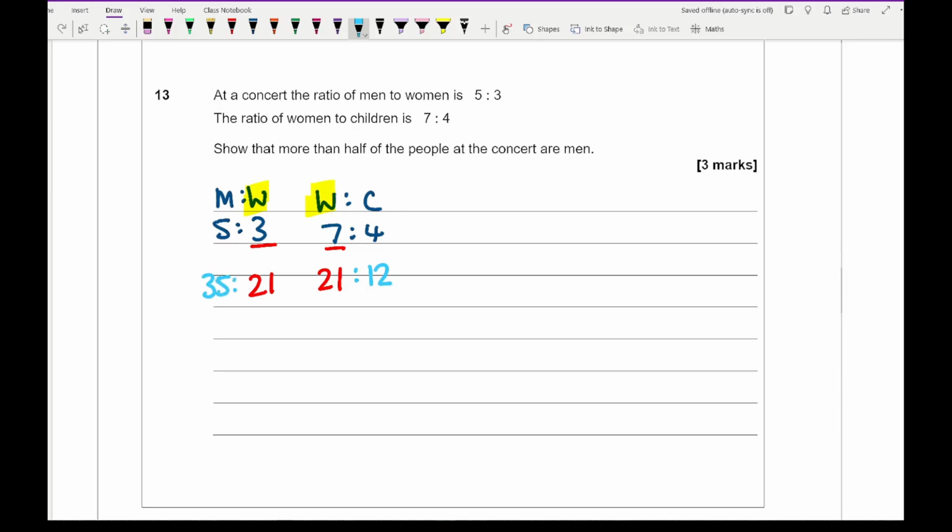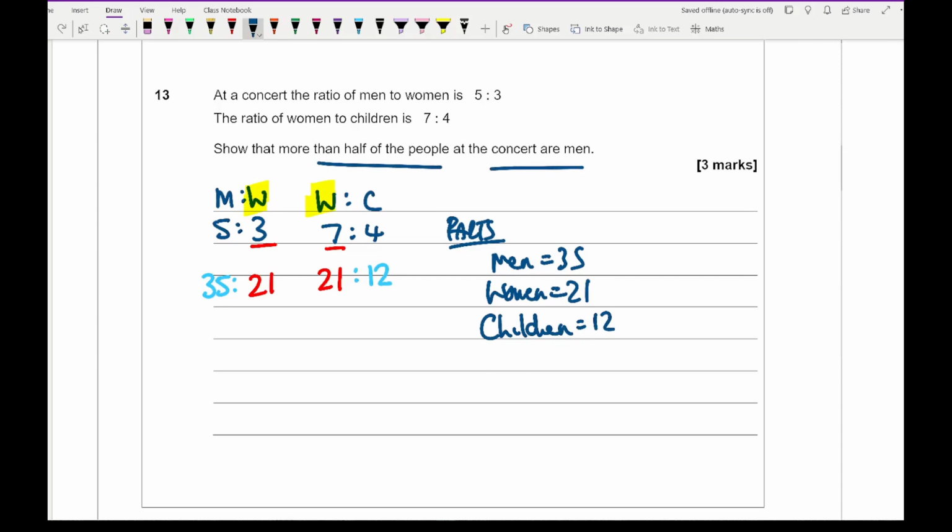Then from this, what I can do is use these parts. So in terms of parts, we've got men equals 35, women equals 21, and children equals 12. Now in the question it says show that more than half the people are men.